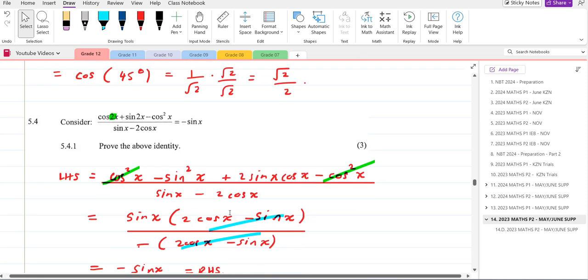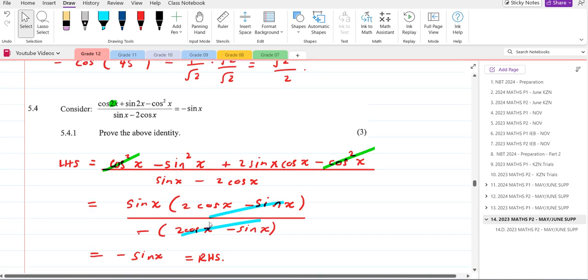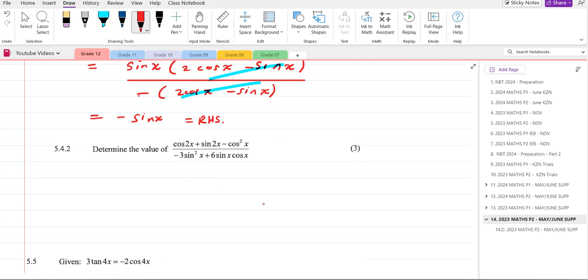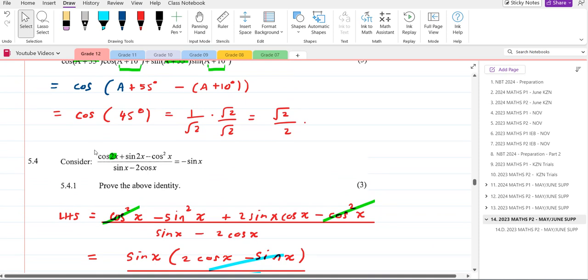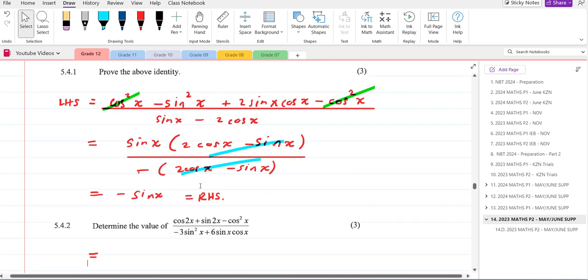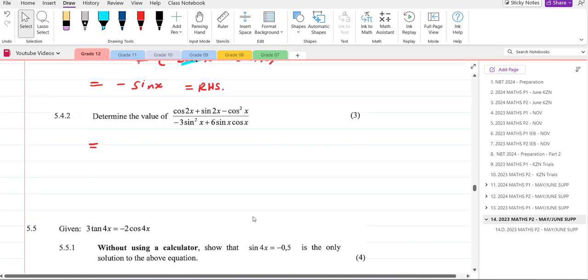Because this is in cos 2x, I'm sure we should have a way to find the value of this. Focus on the denominator. We're not going to do anything on the numerator, because we want to try and incorporate this whole thing inside over here. So we want to replace this entire left hand side with something inside here. So let's focus on the denominator.